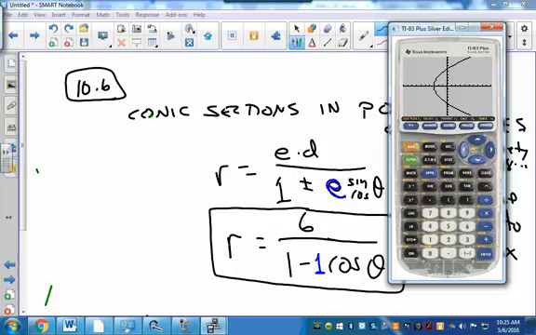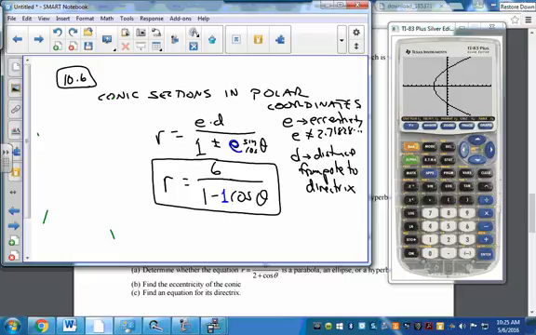And you can sort of imagine the focus point right here. This is the well, if you will. And the directrix is going to be over here. Remember when we did these guys in class with the river and the well idea? We had the directrix, we had the focus, and the parabola fit in like this.